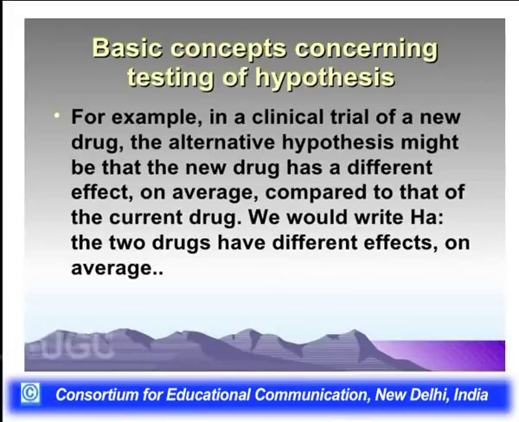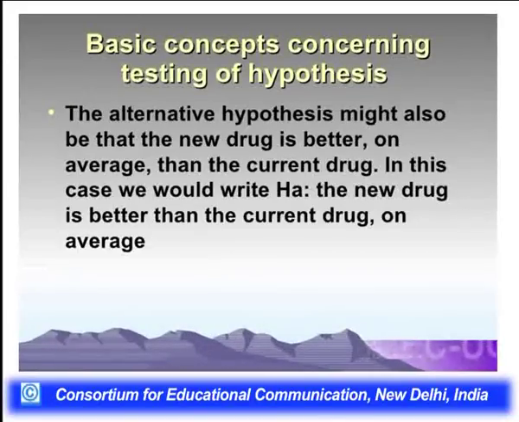We would write HA: the two drugs have different effects on an average. The alternative hypothesis might also be that the new drug is better on an average than the current drug. In this case, we would write HA: the new drug is better than the current drug on an average.